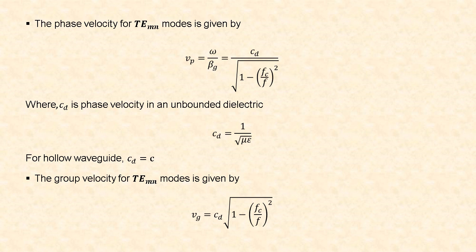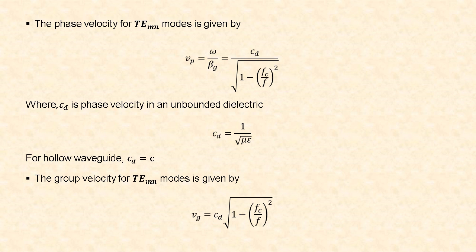Here cd is the phase velocity in an unbounded dielectric, which is given by cd = 1/square root of μ into ε. For a hollow waveguide, cd is equal to c, that is the velocity of light.